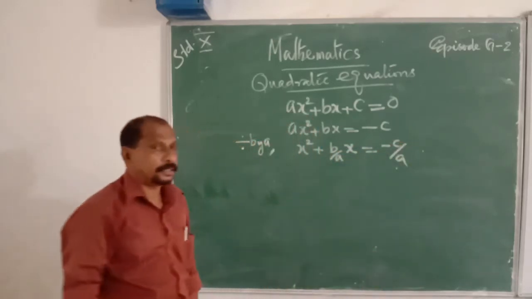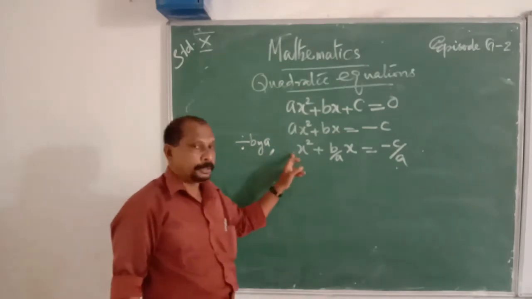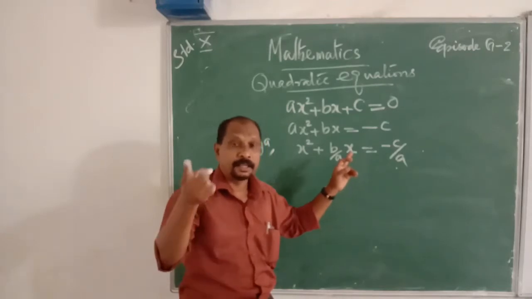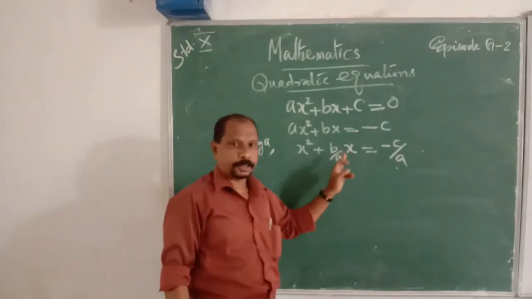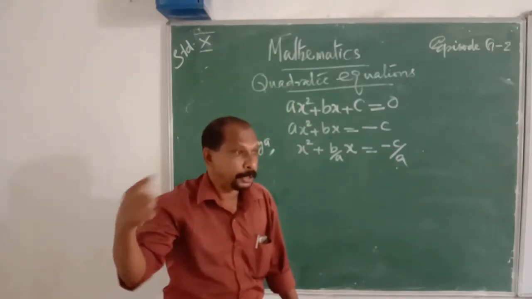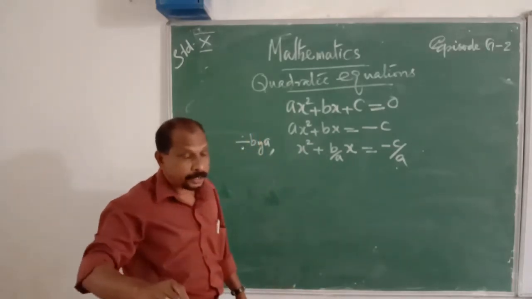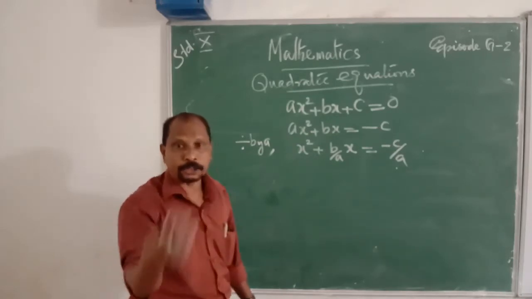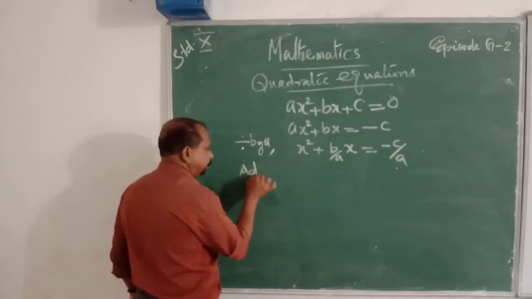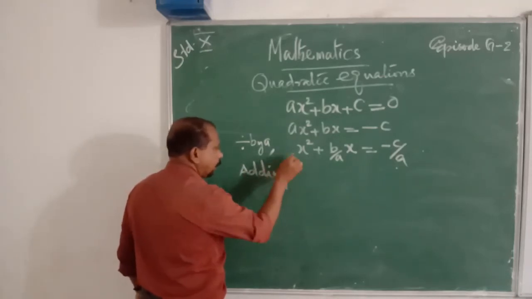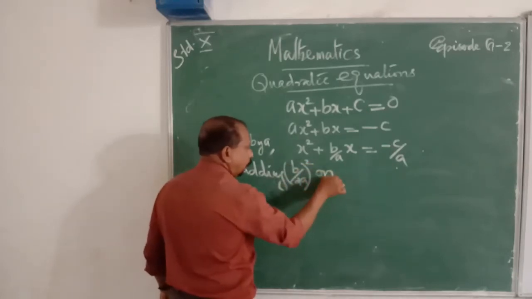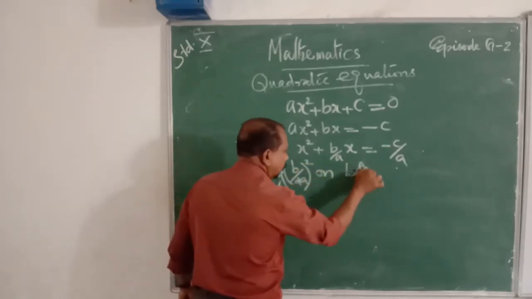Then, what is the third step? The coefficient of x square is 1. Then take half of the coefficient of x, that is b by a. Half of b by a is b by 2a. Then add (b by 2a) the whole square on both sides.